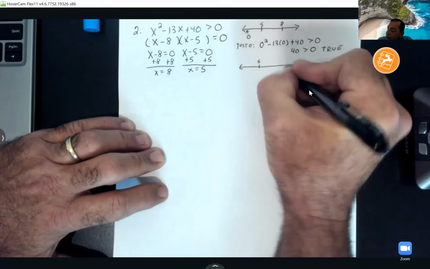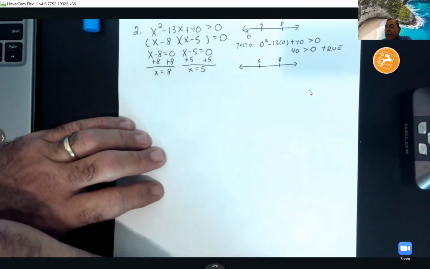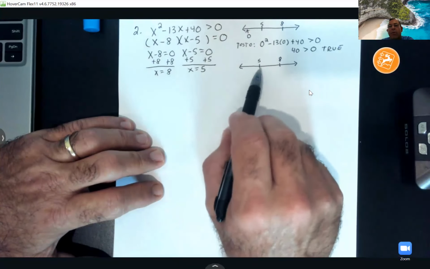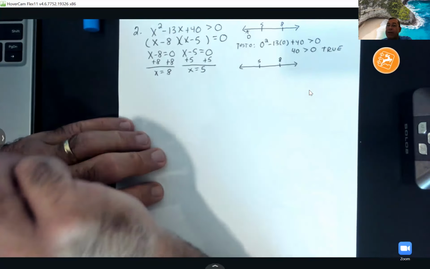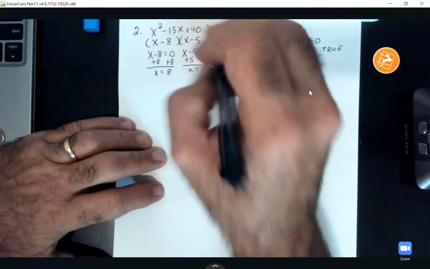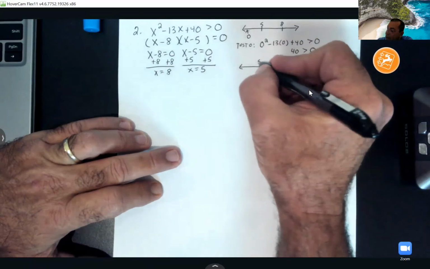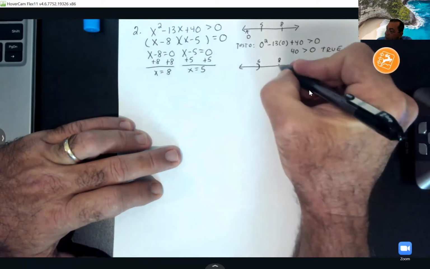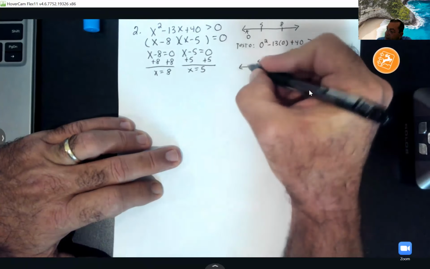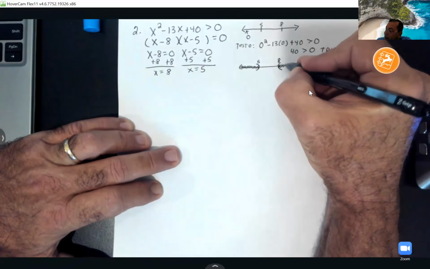So here's 5. Here's 8. Now the question would be, around these numbers, will I use parentheses or brackets? Parentheses. Yeah, because I'm looking at that less than again. Now, since we're shading over here, my parentheses are going to face these two ends here and then to the right.